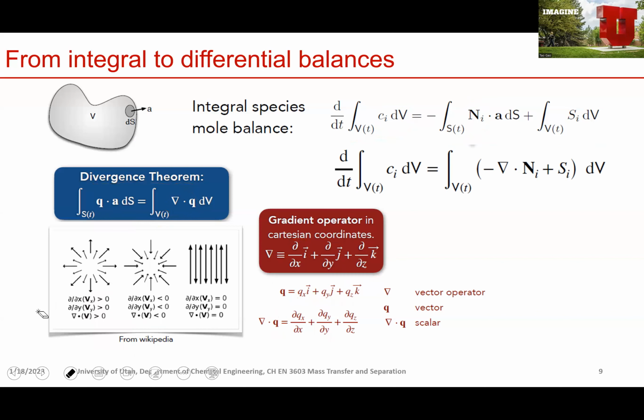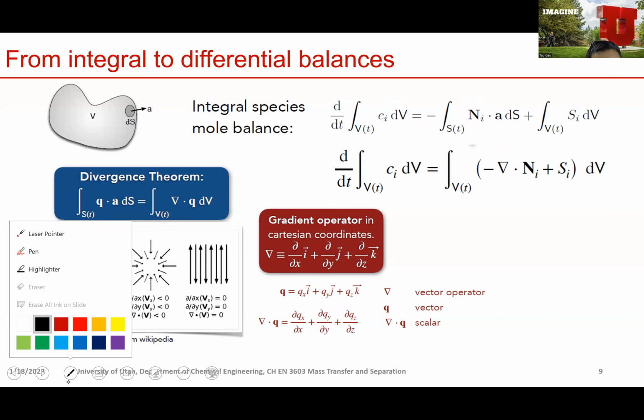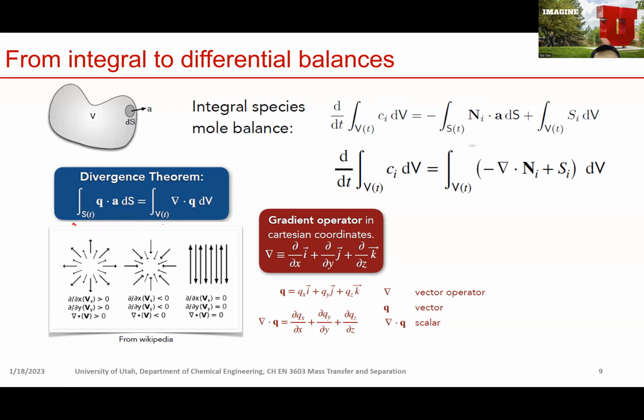So now we can just plug in this. We can apply the divergence theorem. We can convert this surface integral into a volume integral. That will give us this. So we just replace Q here with n.